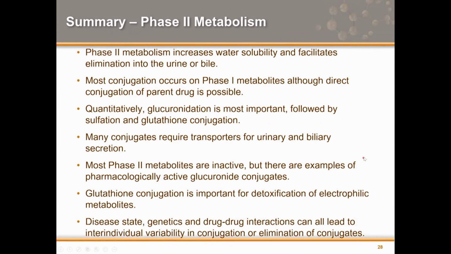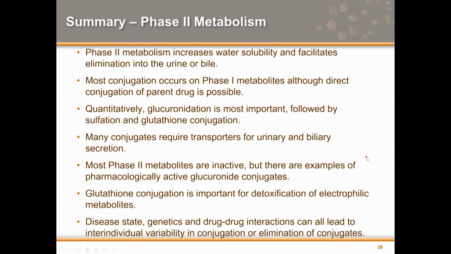In general, the conjugates that are formed through these phase 2 reactions are going to be pharmacologically inactive, but there are examples, the one that I illustrated with morphine 6 glucuronide that shows pharmacological activity.